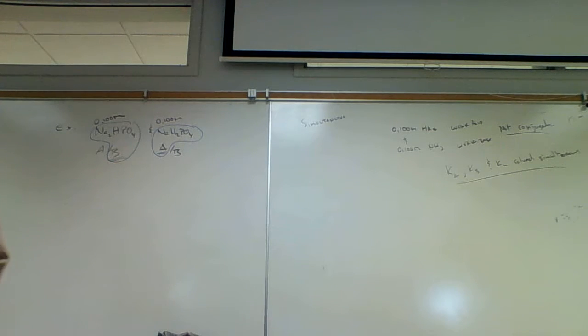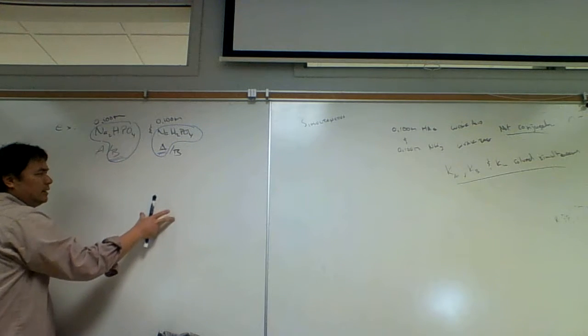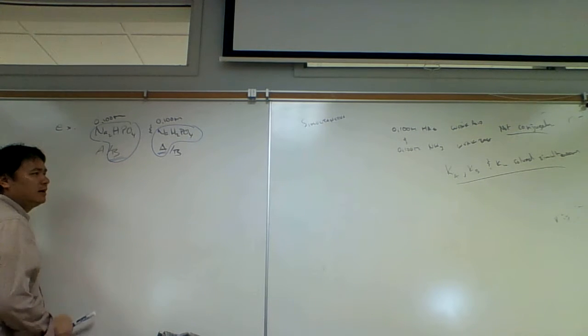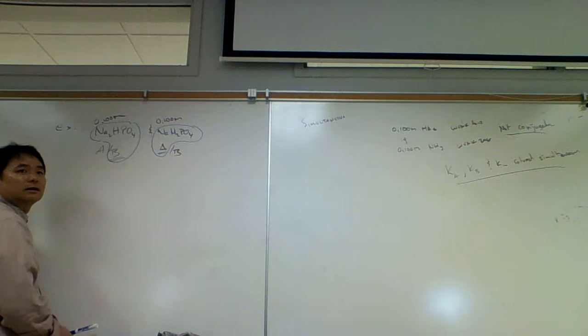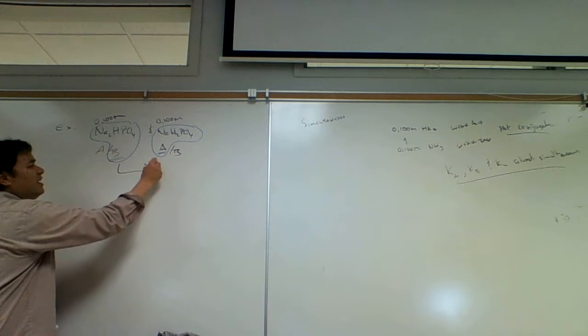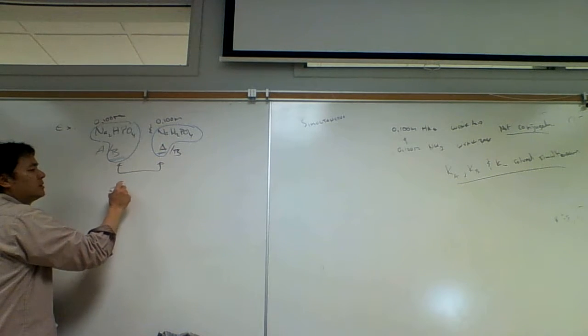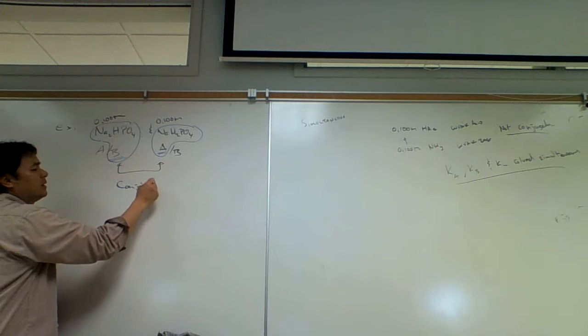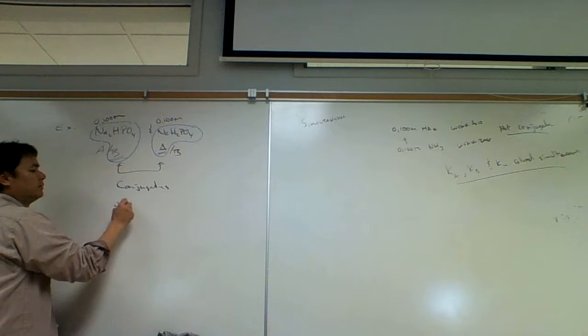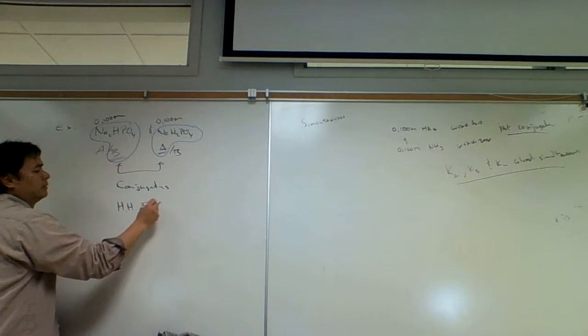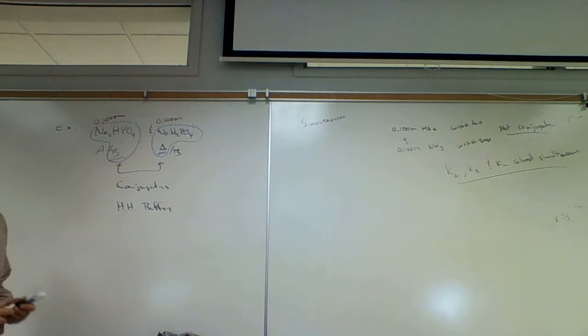And did we already do this combination? Oh, so I already talked about this. But we don't have to do all that because we should recognize that these are conjugates, and therefore this weak base, weak acid combination is called a Henderson-Hasselbalch buffer. And so far we've talked about a couple of weak acid, weak base combinations.